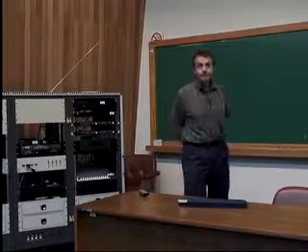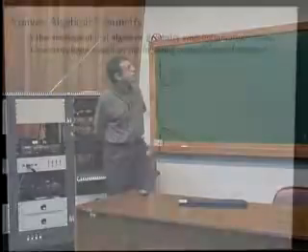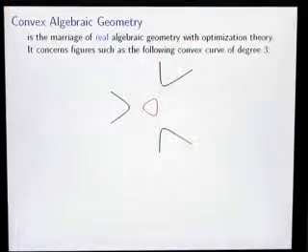I will jump right in. Convex algebraic geometry is the marriage of real algebraic geometry over the real numbers with optimization theory, convex optimization theory. And I'm going to start out with some very simple examples.